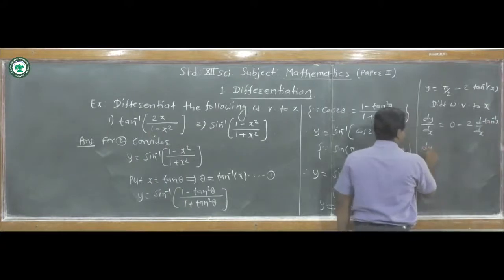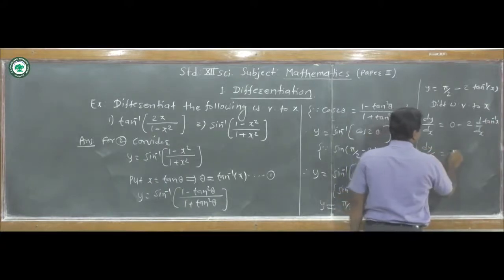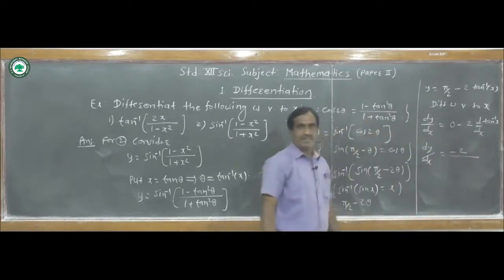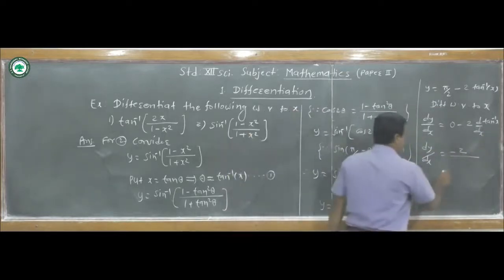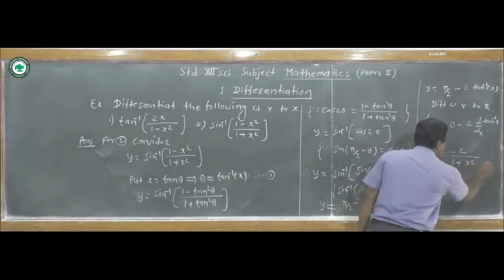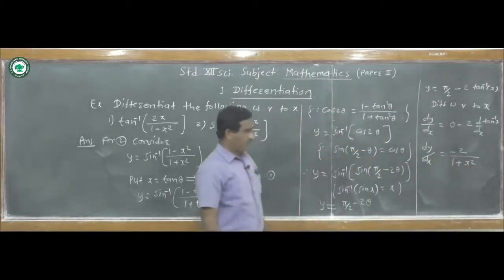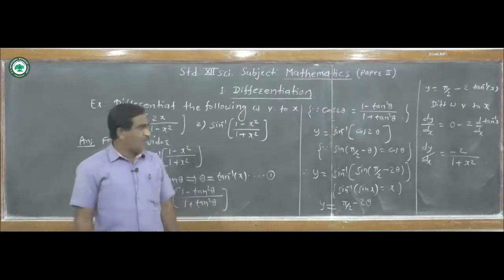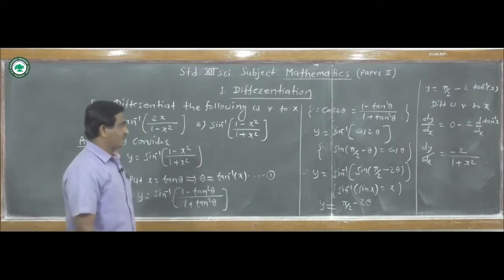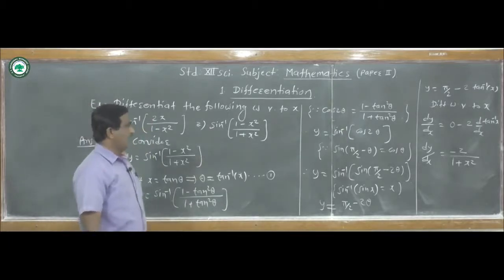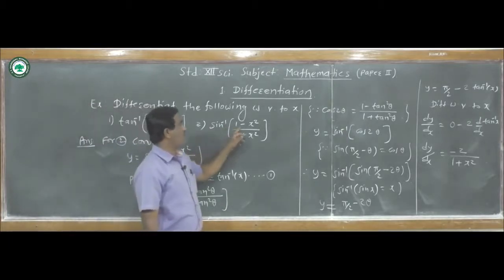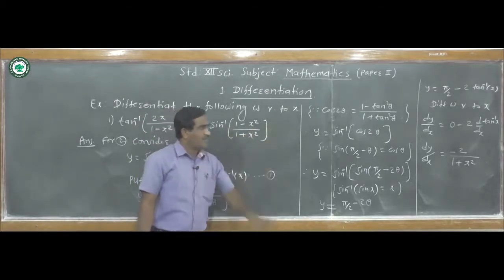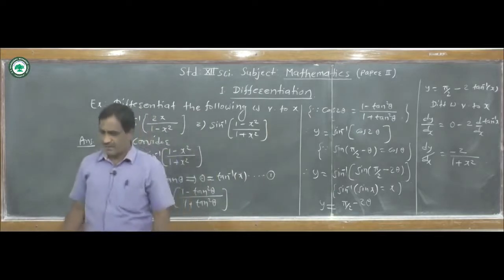That is dy by dx is equal to minus 2 times 1 upon 1 plus x square. Therefore dy by dx is equal to minus 2 upon 1 plus x square. Okay, this is the answer for the derivative of sin inverse of 1 minus x square upon 1 plus x square, equal to minus 2 upon 1 plus x square.